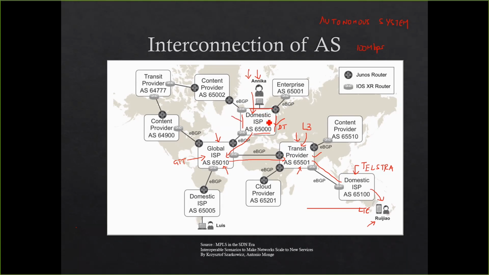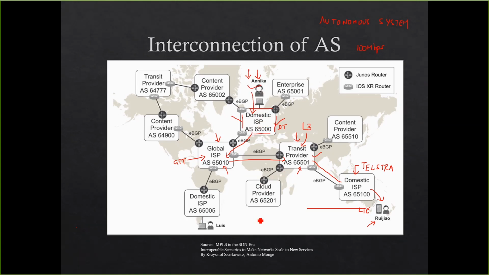A domestic ISP will usually sell you products like DSL or fiber or cable and LTE, 3G, and so on, right? So the end users like Anika, like you and me, for example, I'm now connected to an ISP called Vodafone through a cable network. So I am someone like Anika getting a broadband connection from my ISP. So this is a domestic ISP.